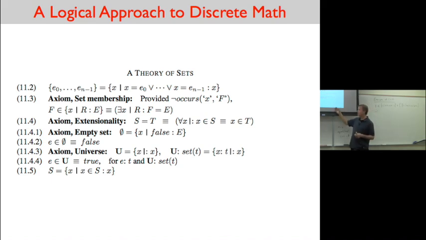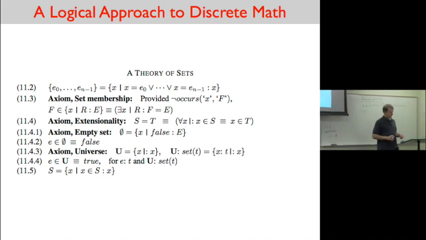But by definition, for one set to equal another set, what it says is, for all x, range true, x is an element of S equivales x is an element of T. So if one's true, the other one has to be true. If one's false, the other one has to be false. All right, are you with me? That's the definition of what it means for two sets to be equal.